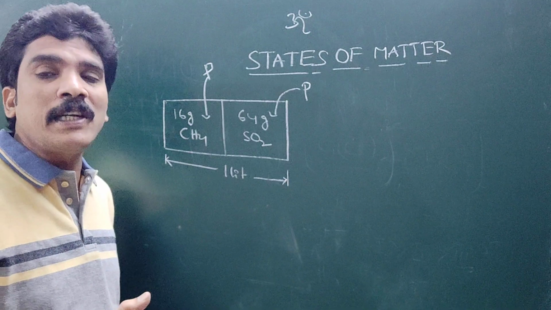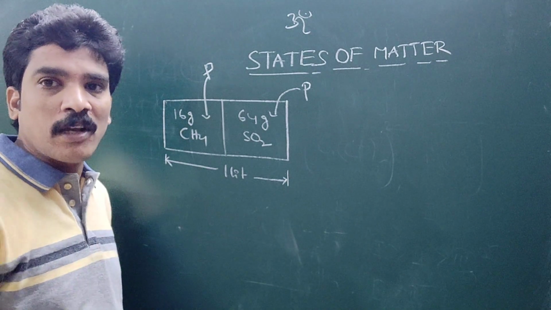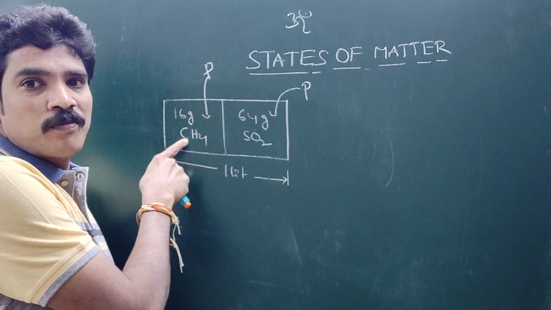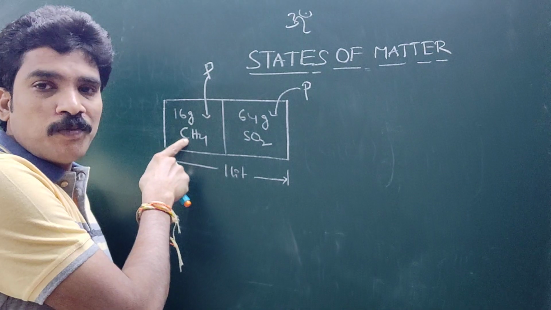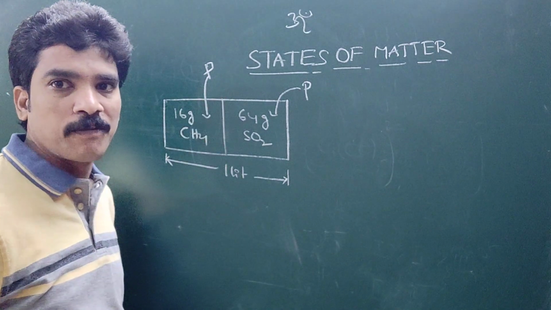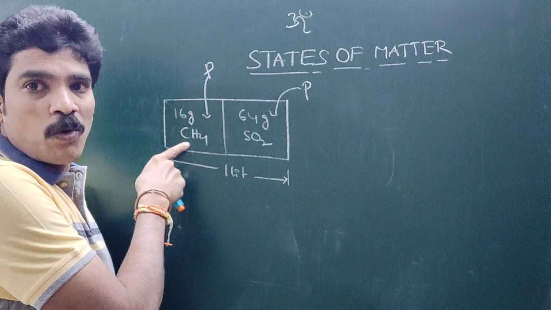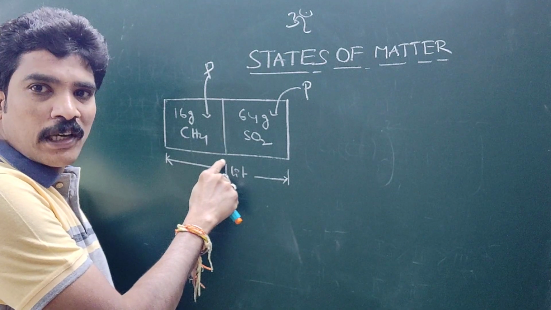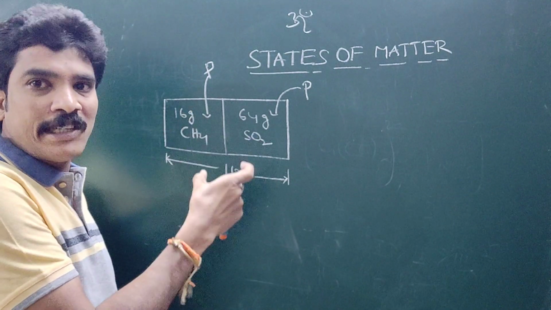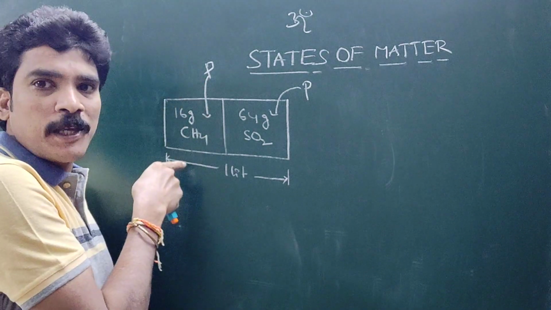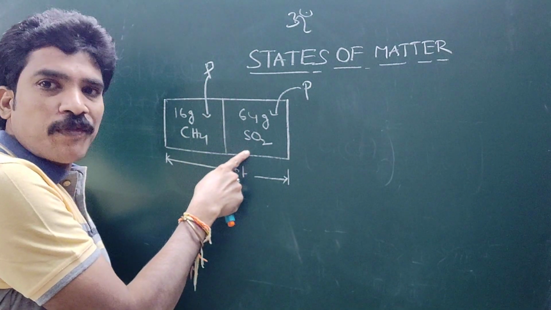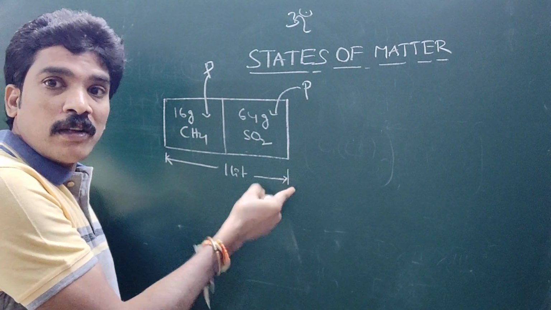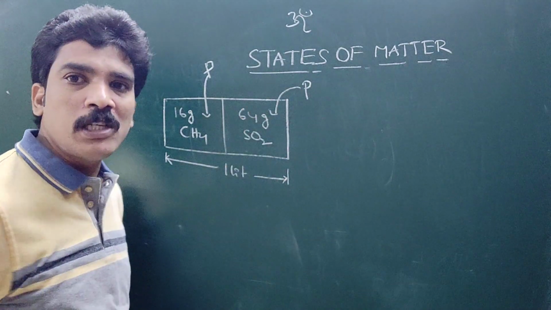If you maintain a constant temperature, and moles and volume are equal, then pressure is equal. 16 grams of methane is 1 mole, under a volume of 0.5 liter, at temperature T Kelvin, exerting pressure P. Here 64 grams of SO2 is again 1 mole of gas, with the same volume 0.5 liter and the same temperature, so again the pressure is P.